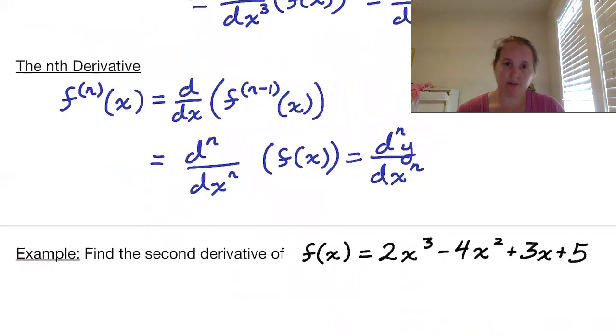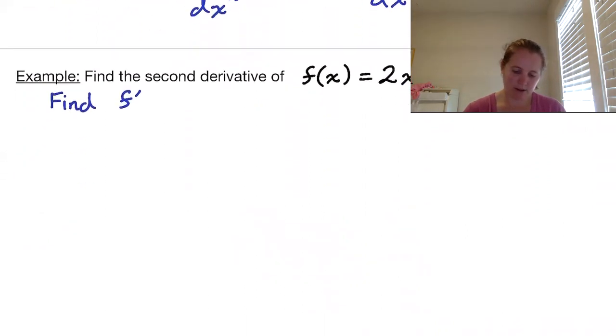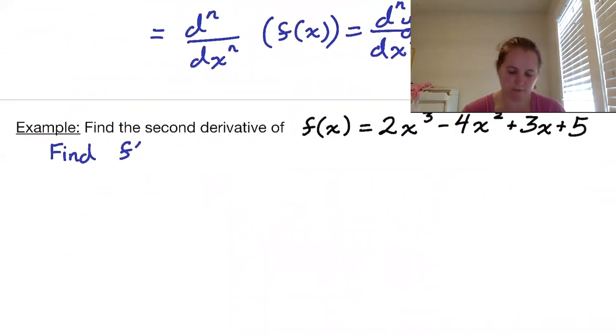So let's go ahead and do a quick example. First up, let's find the second derivative of f of x equals 2x cubed minus 4x squared plus 3x plus 5. So to do this, we need to first find the first derivative. And then we will go ahead and find the second derivative.